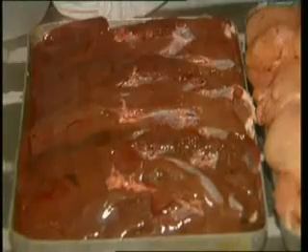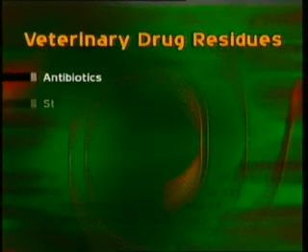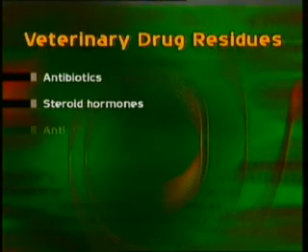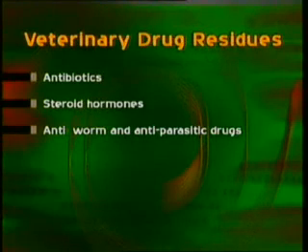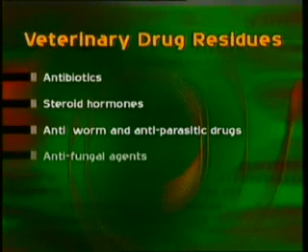Of course, the concentration in the liver would be the maximum. The milk will also contain residues. The drugs frequently used are antibiotics, steroid hormones, anti-worm and anti-parasitic drugs, antifungal agents.